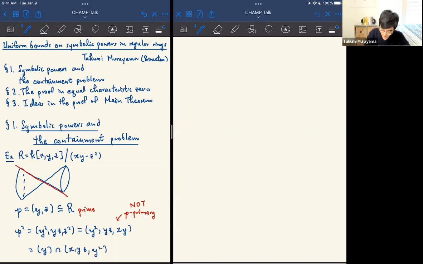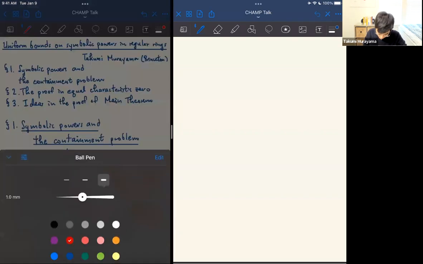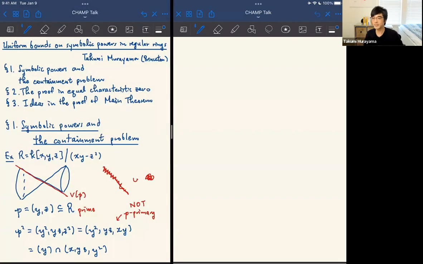Okay. And so maybe I'll draw the picture for what I have in mind. If you look at the vanishing locus of y and z in this picture, you get this ruling. And if you take P squared, you get this squiggly line union with an embedded component at the origin. And so what's going on is that when you take the square of the ideal, you're getting a bit more geometric information than you might have expected just by judging by the picture.